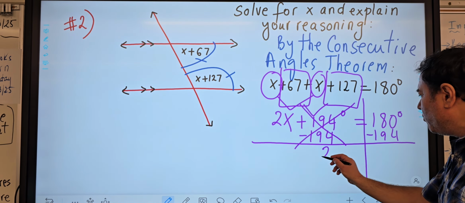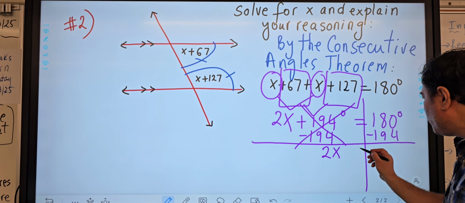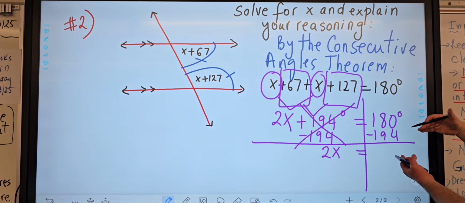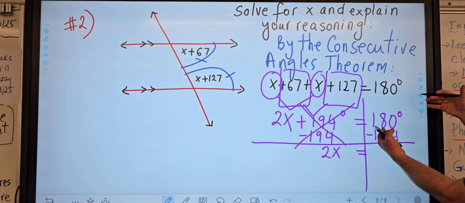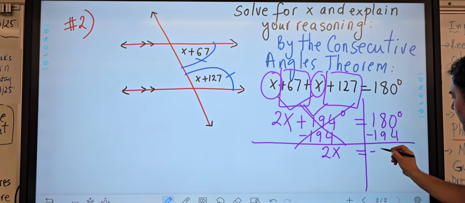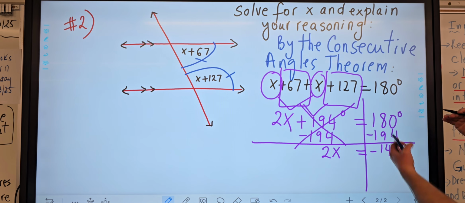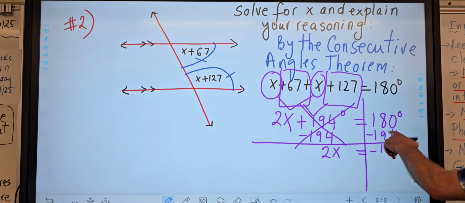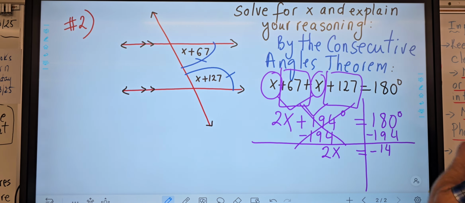So we are left with 2x equals, and negative 194 plus 180 becomes negative 14, because negative 194 is more and the negative carries down.